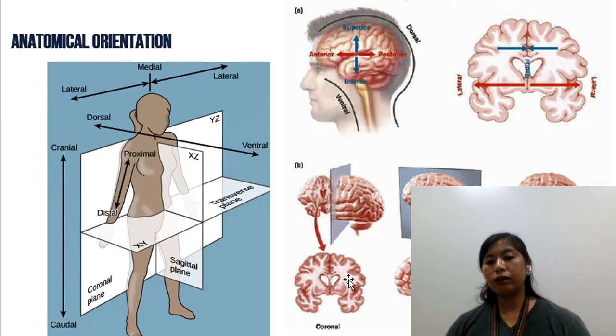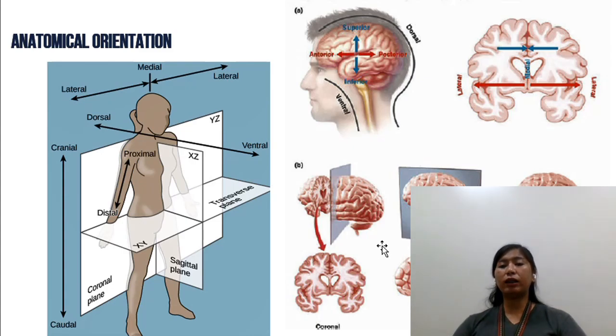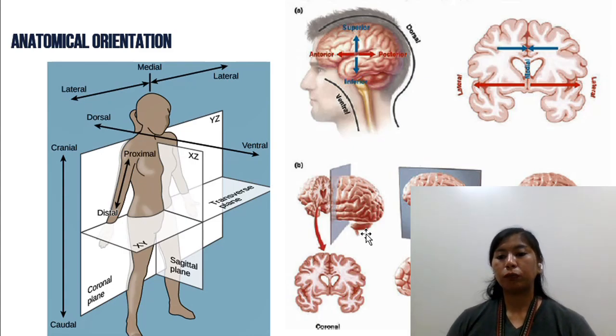The white matter is mostly composed of the axons, and the gray matter is mostly composed of the cell bodies and some axons. It is explained that Phineas Gage was able to survive because only the white matter is mostly damaged, but not the gray matter.